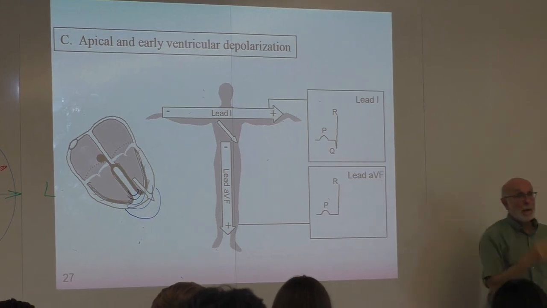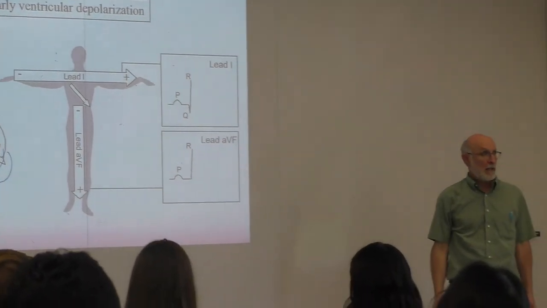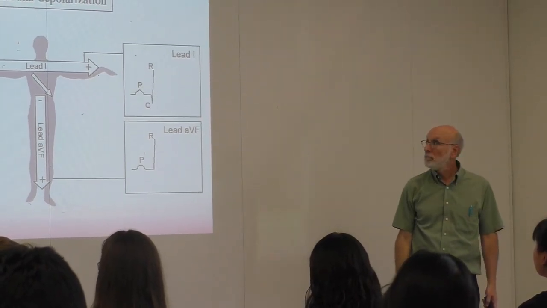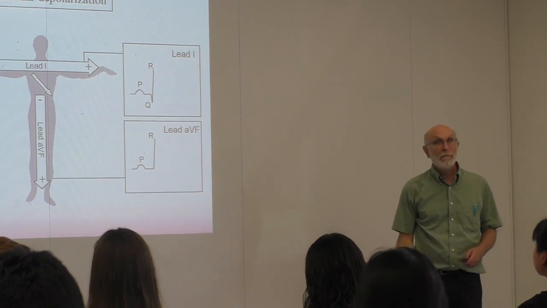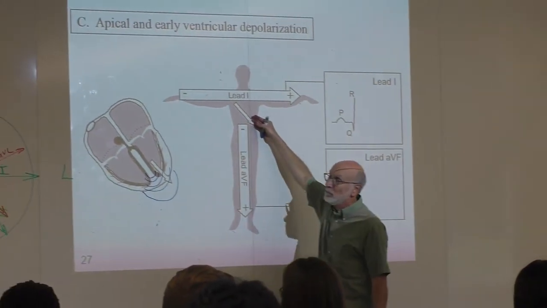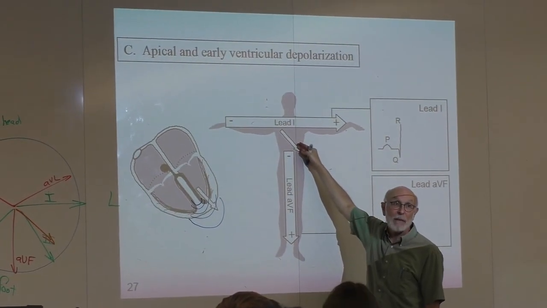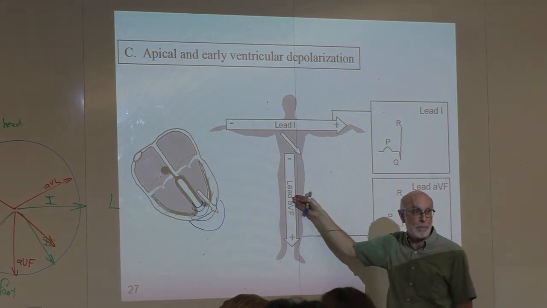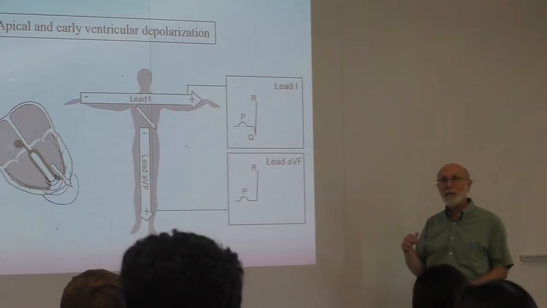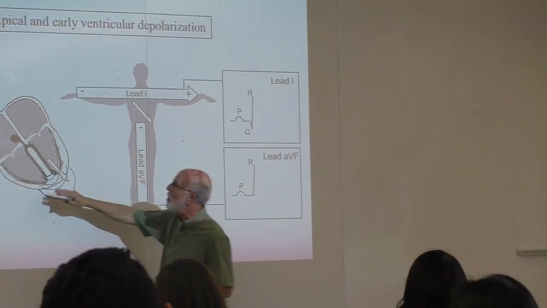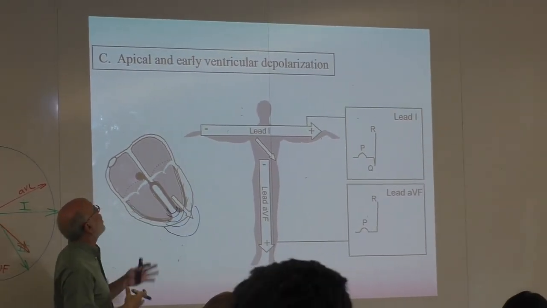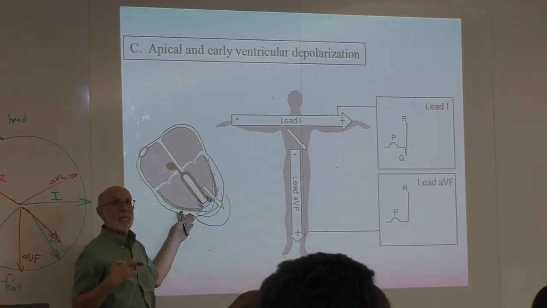What's it going to be in lead 2? Big positive. What's it going to be in lead aVR? Big negative. What's it going to be in lead 3? We don't know yet. Maybe nothing. It's positive in lead aVF. So in the QRS, now we're seeing the big signal because we're looking at the spread of ventricular depolarization in the apex, apical depolarization, and the apex is massive.